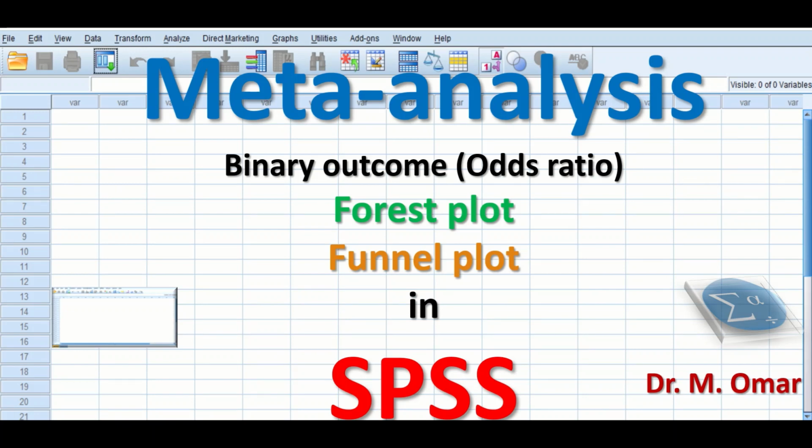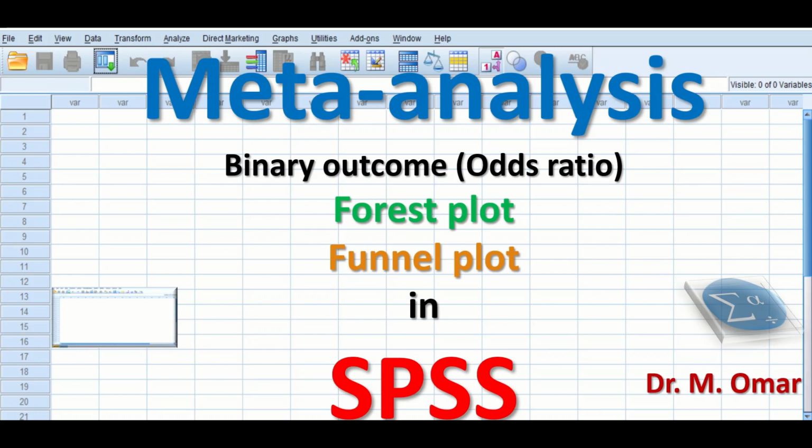So what is a meta-analysis? Meta-analysis consists of two parts. The first part is the systematic review: literature search, reviewing and collecting publications that address a specific medical or scientific question.